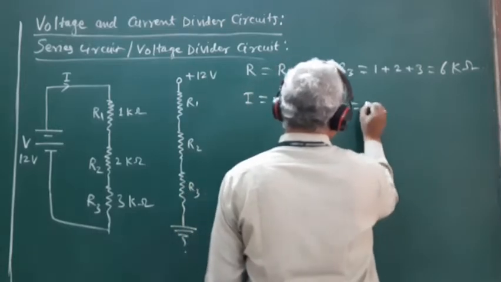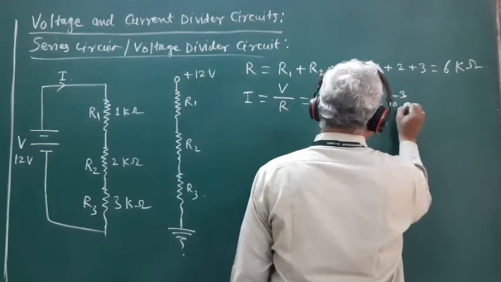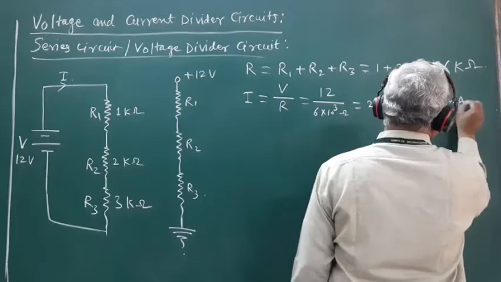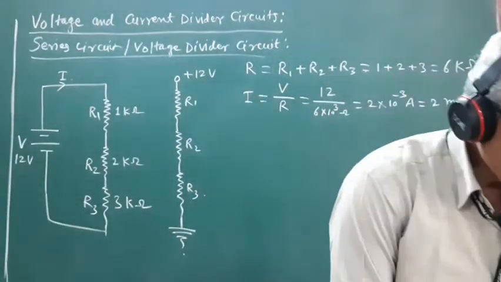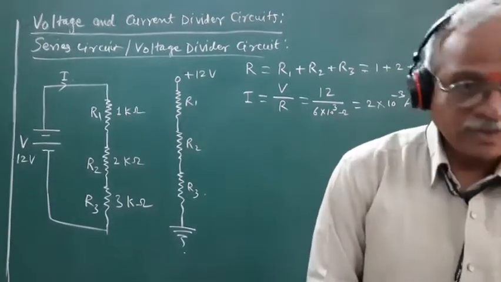So this is equal to 2 into 10 raised to minus 3 ampere, or 2 milliampere. So the current drawn from the source is equal to 2 milliampere.